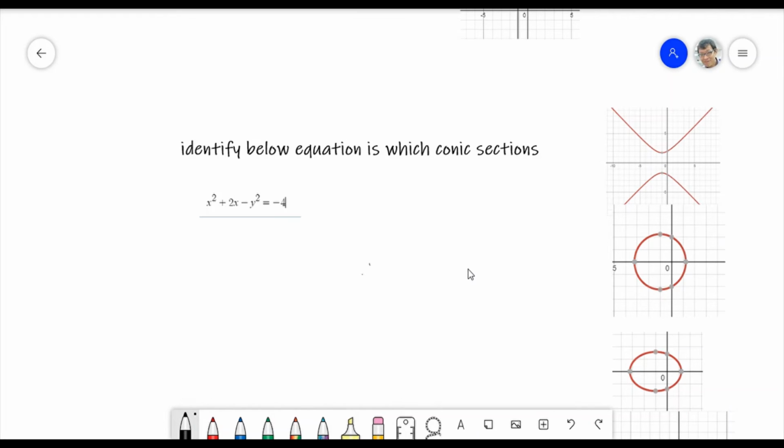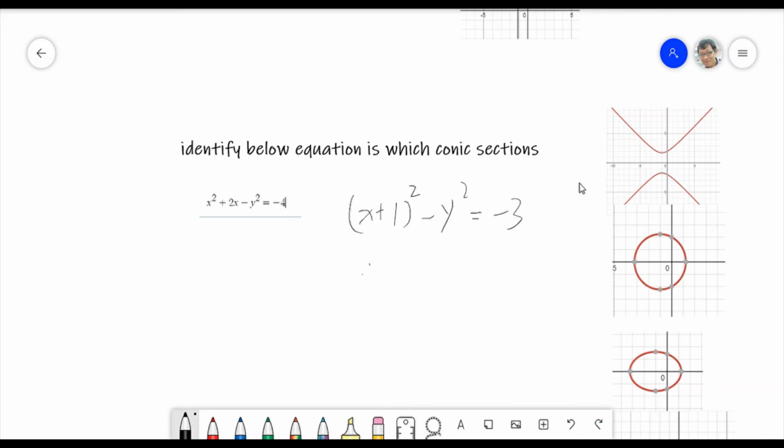So for this one, we can write it as x plus 1 squared. X plus 1 squared is x squared plus 2x plus 1, so on the right side we should add 1. Minus y squared. Negative 4 plus 1 is negative 3, right?